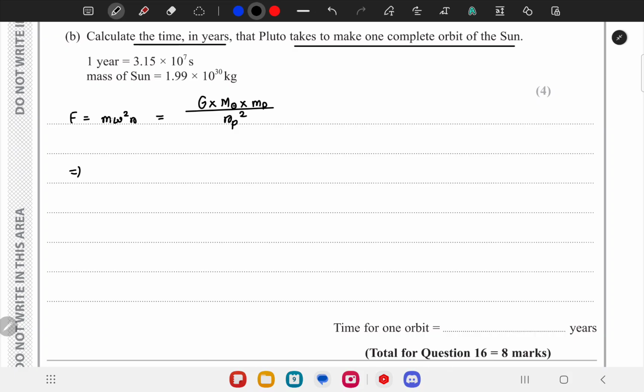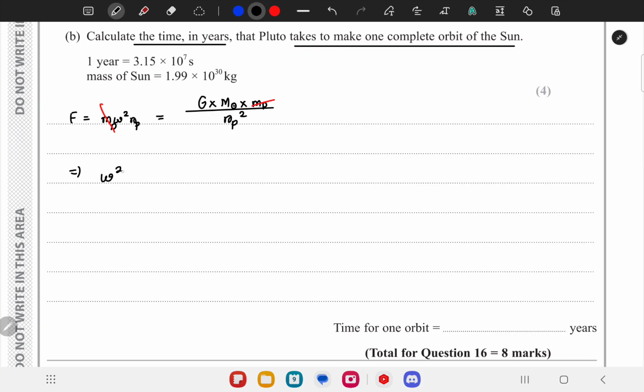Here small m is also the mass of Pluto. So from both sides the mass of Pluto can be cancelled out. The radius, if you send it over here, will become cubed. This is the orbital radius of Pluto.